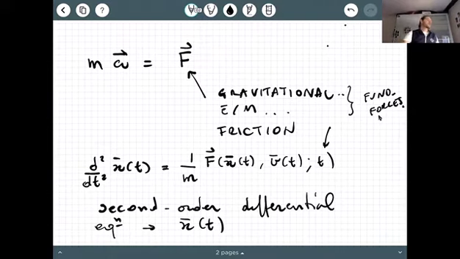So here already is the main goal of mechanics: tell me the particle's position and velocity at some time, and I'll tell you where the particle will be in the future.